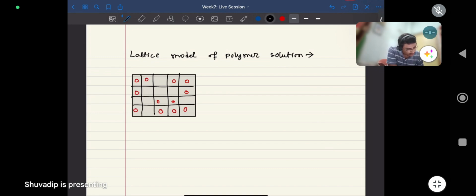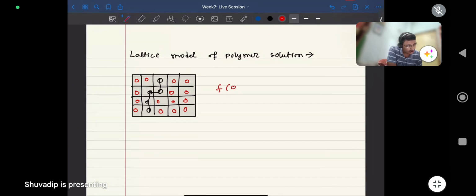Along with that, there is a polymer, but this polymer is joined like this. So there will not be as much entropy as before, when all the polymer beads were separate and could randomly take a position anywhere in the whole lattice. But that is not the case because they are joined together, so entropy will decrease by a factor of n.